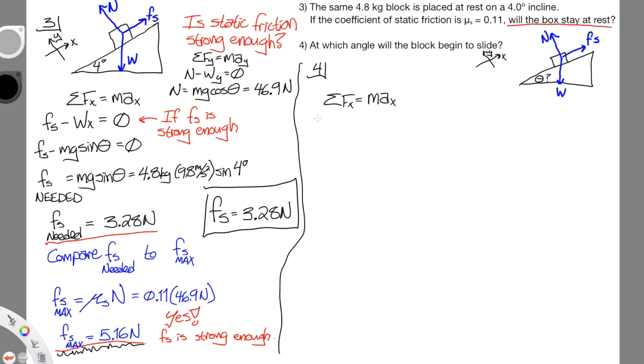In the x direction, we have the force of static friction minus the x component of the weight. And right at that border line between sticking and slipping, we can say our acceleration is 0. So this is a problem that is talking about an object being at the border between sticking and slipping.